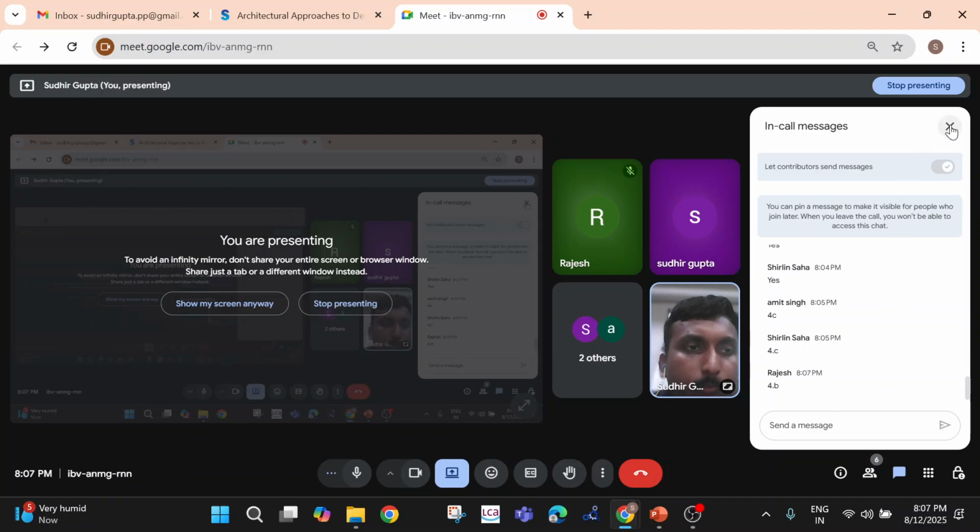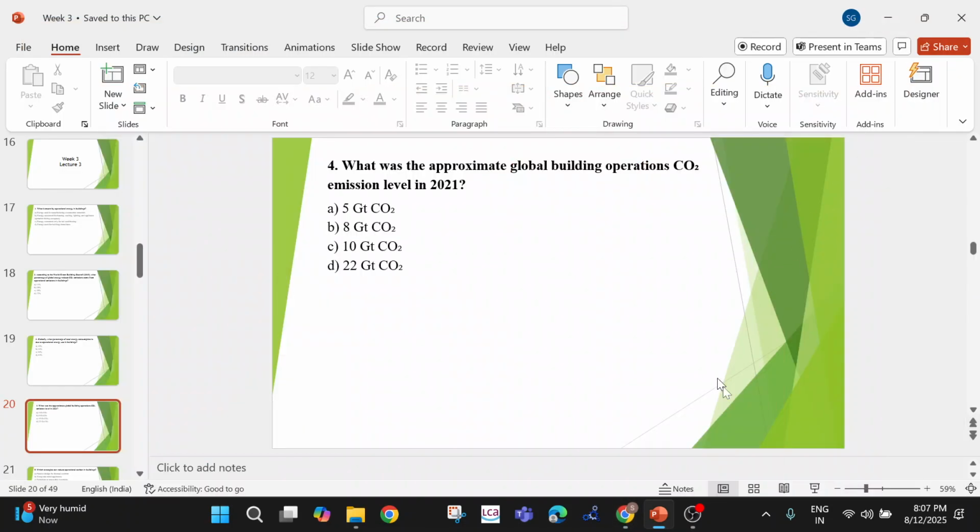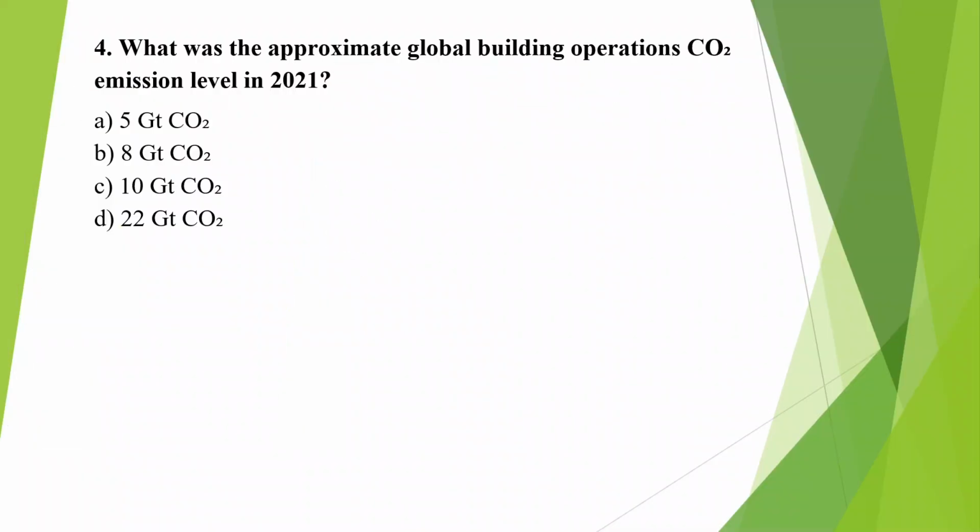Okay, he's opting for B. Fine. So the correct answer for this question number 4 is option C, which has been marked correctly by most of you. That is 10 gigatons of CO2 emissions that have been considered from the building operations.